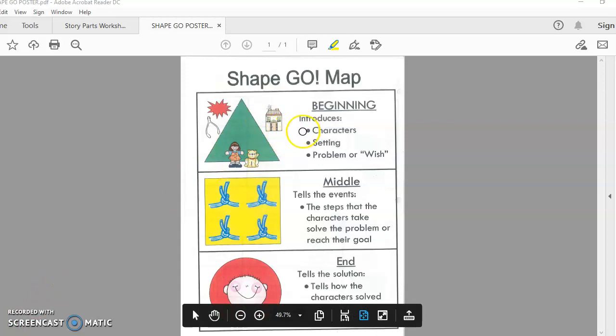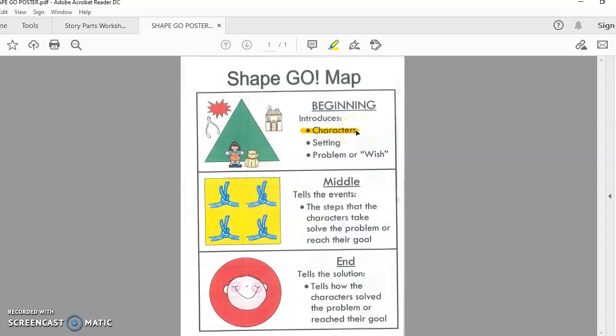So in the beginning, the main character, that's the most important, was Grasshopper, right? What was my setting? Where did most of the story take place? If you're thinking outside, you're right. Most of the story was outside. He was exploring outside, looking for new foods, right?